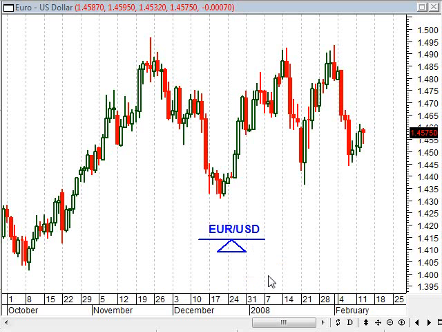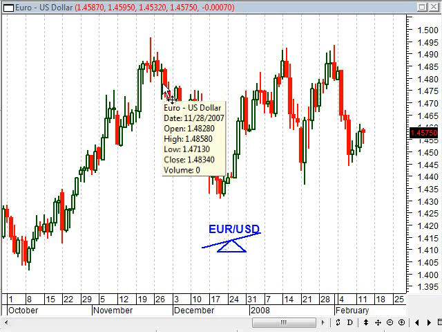A great way to think about this is a bit like a seesaw here. The euro being on the left-hand side and the dollar being on the right-hand side. If the euro is getting stronger or heavier, it's going to tilt the seesaw down so that the seesaw's board is going to tilt down in favor of that heavier euro, and the pair is going to rise. The exchange rate is going to rise.